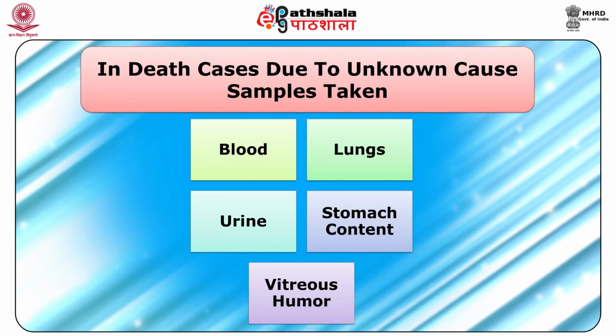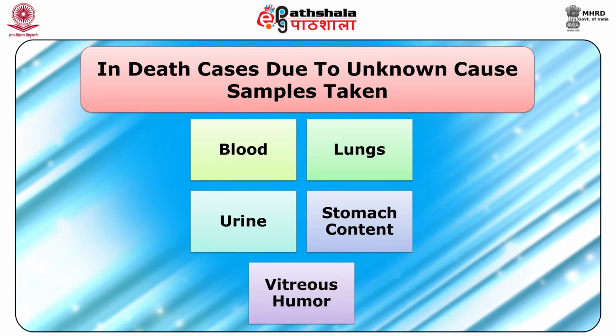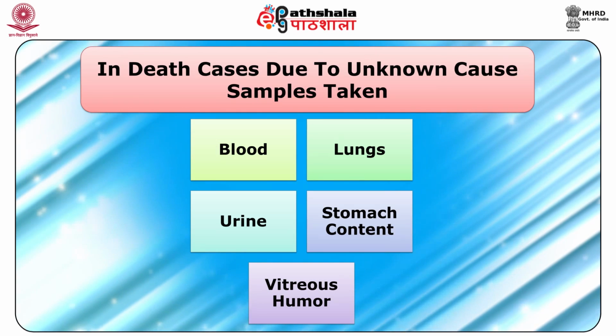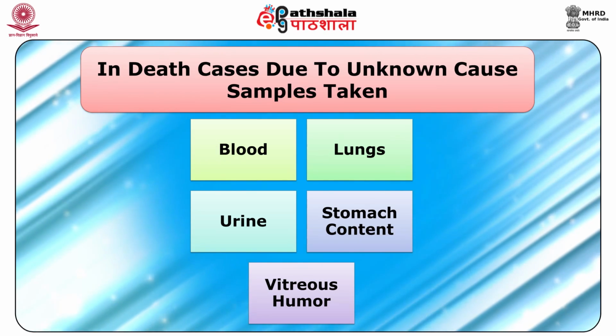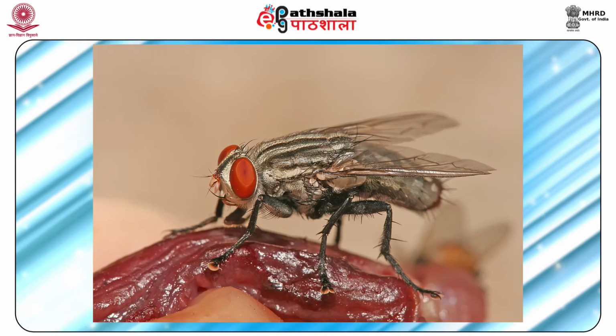In death cases due to unknown cause, samples of the victim's blood, lungs, urine, stomach content, and vitreous humor are examined for traces of poisons.